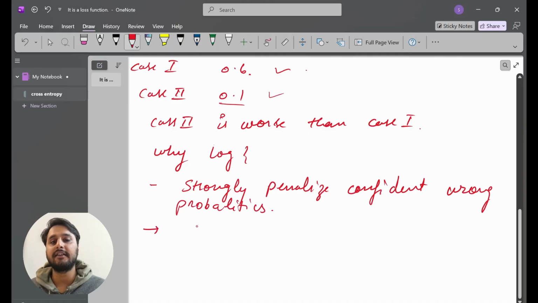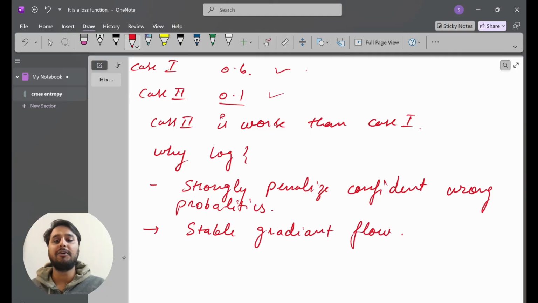The second reason is stable gradient flow. I will talk about gradient after a while.